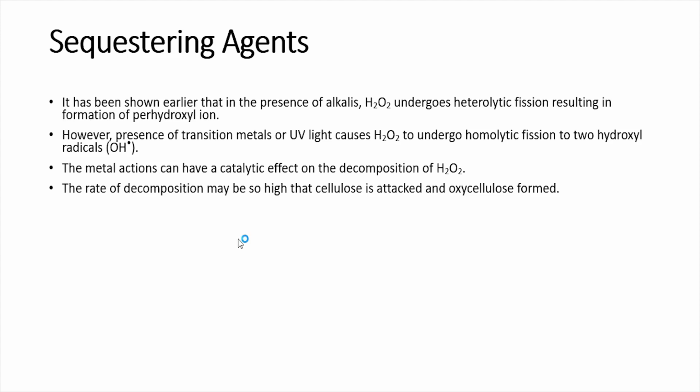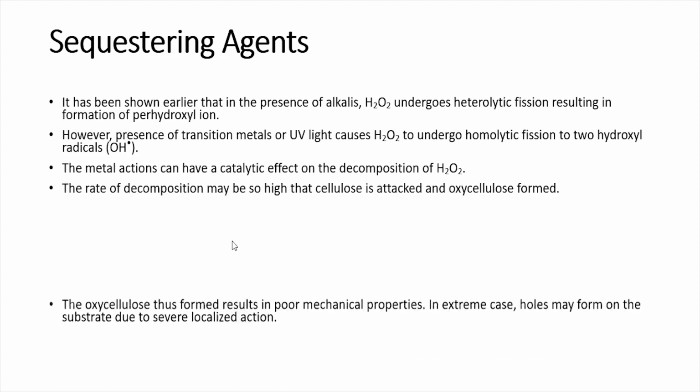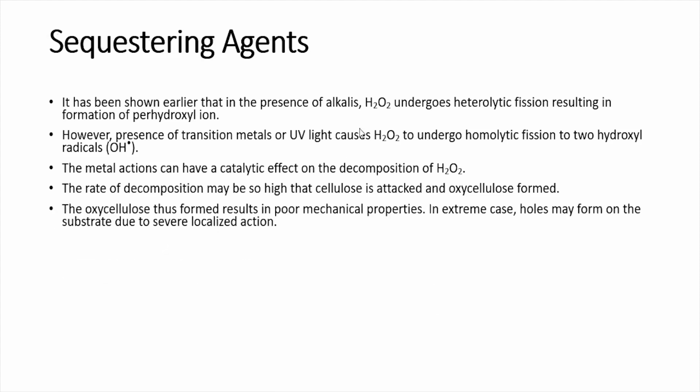And that attacks the cellulose, and that forms oxycellulose. That means poor cotton fabric. The strength of the fabric is reduced. So the formation of oxycellulose will reduce the strength and mechanical properties of the fabric.